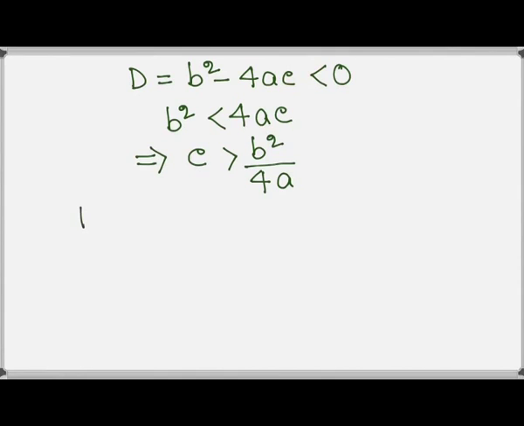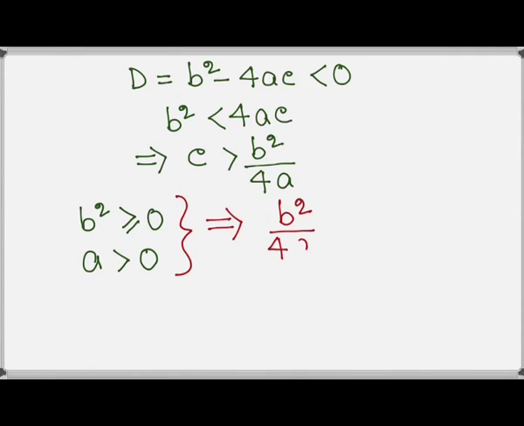Now we know that b square is always bigger than or equal to 0 and a is strictly bigger than 0. So from these two pieces of information we can conclude that b square divided by 4a is bigger than or equal to 0, and therefore we have c is bigger than or equal to 0. Therefore we have completed seeing all the cases pictorially.